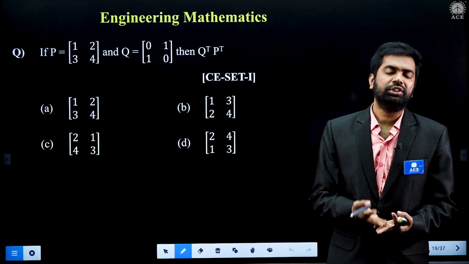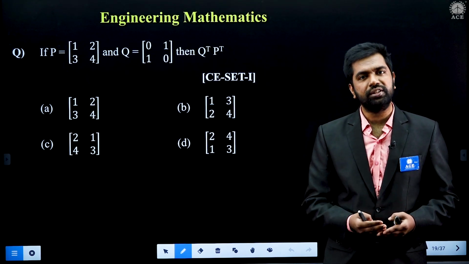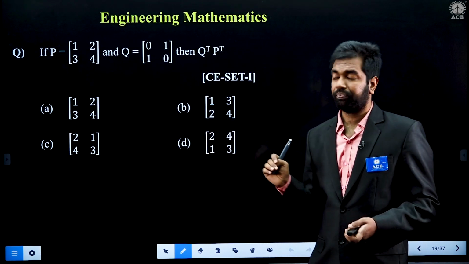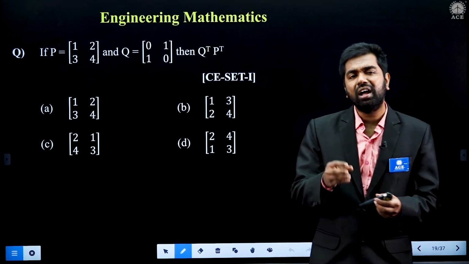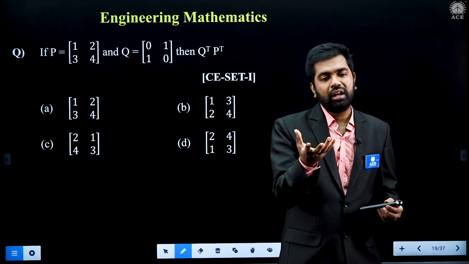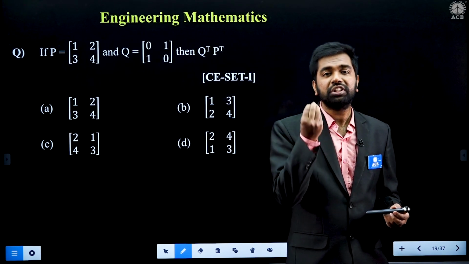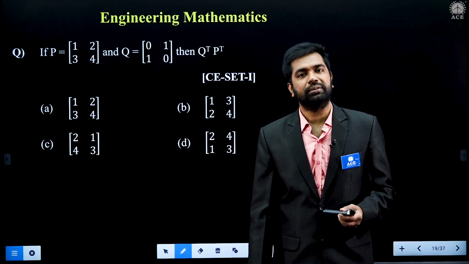So what we do is first find Q transpose, find P transpose, do the matrix multiplication, right? So this is not even 10th standard. What I want to say is, in the GATE exam there are certain questions which are very simple. If you are a clever student, you will first solve those questions and then go for the difficult ones.